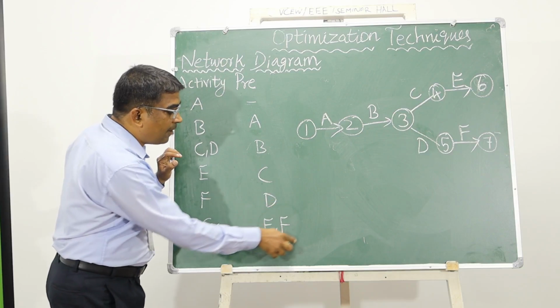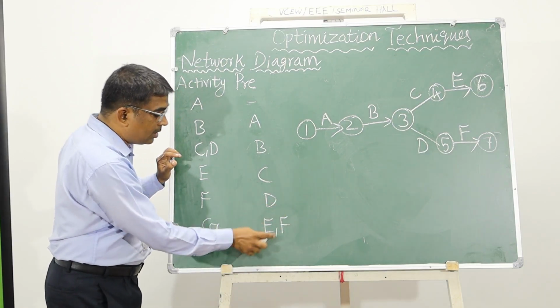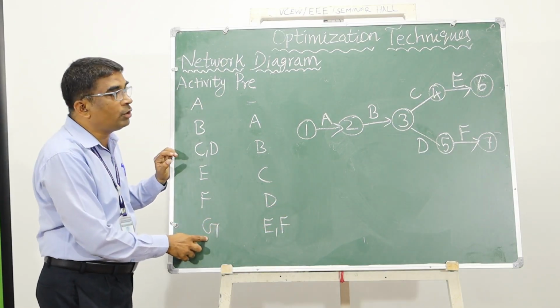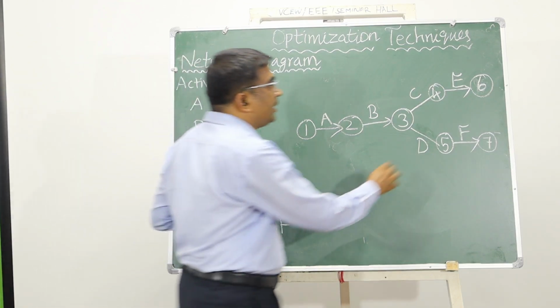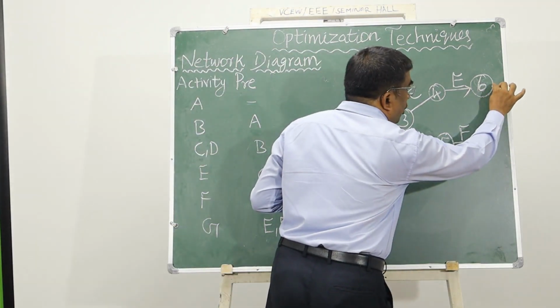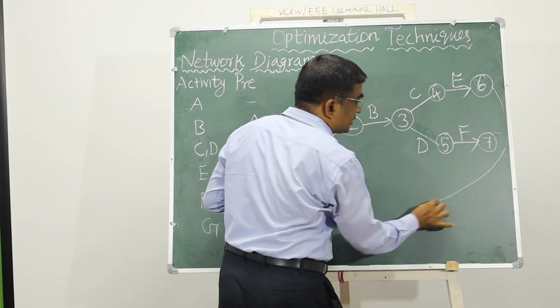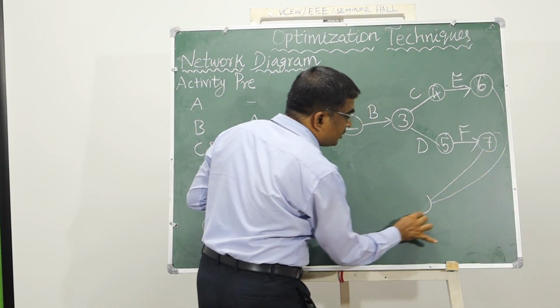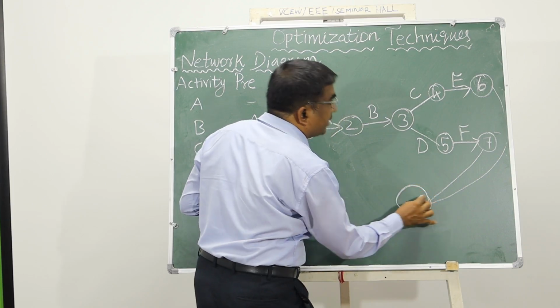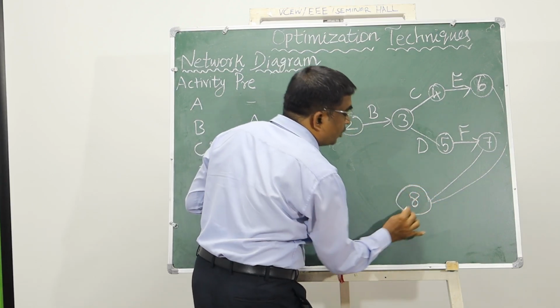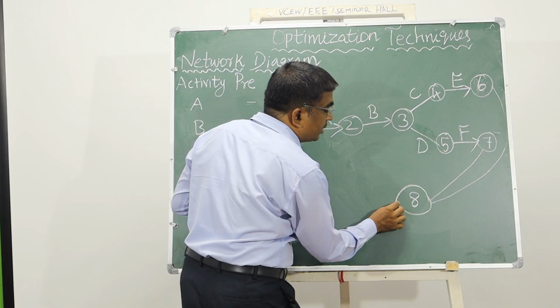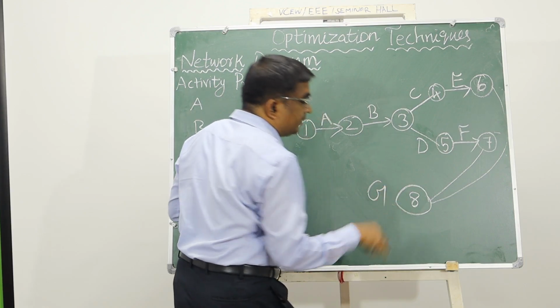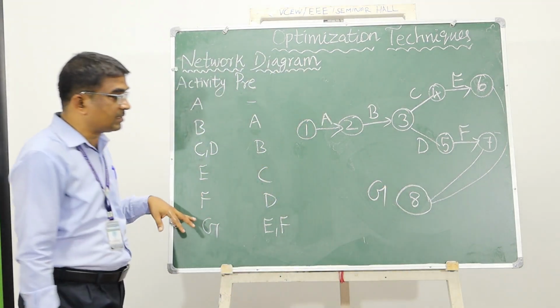The predecessors of G are E and F. So I have node 6 and node 7, and these two are connected with the next node, node 8. This node is G, which is your final state.